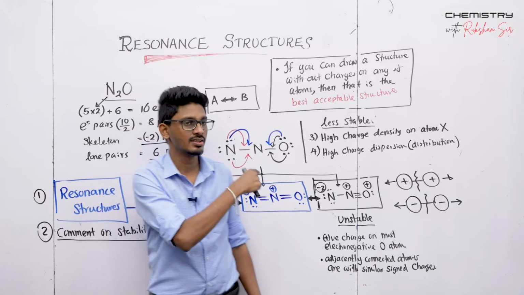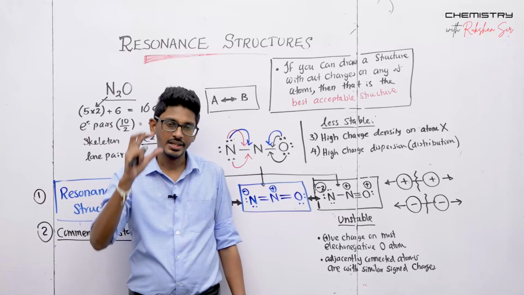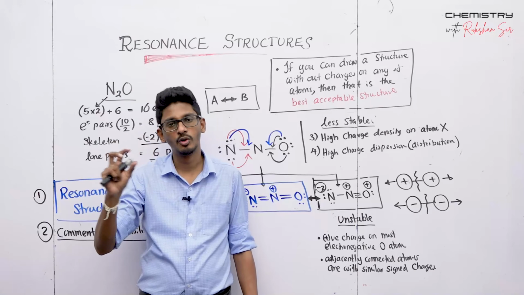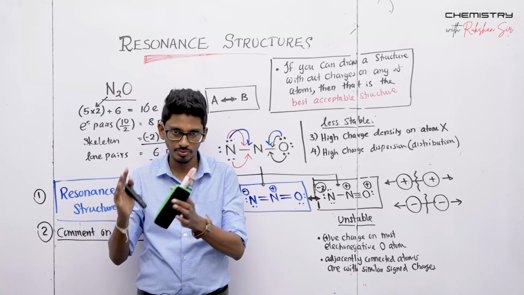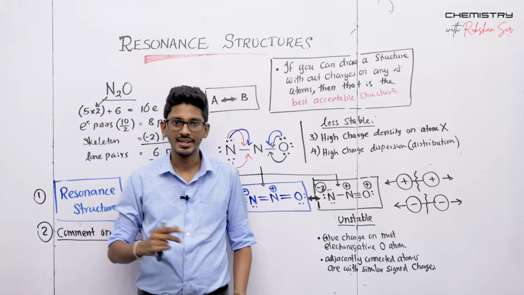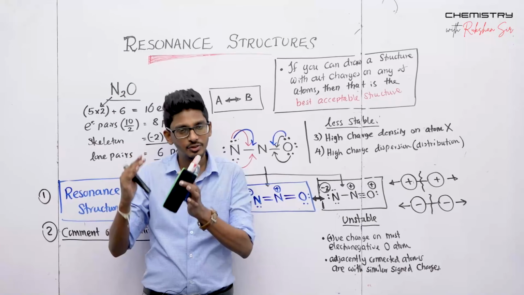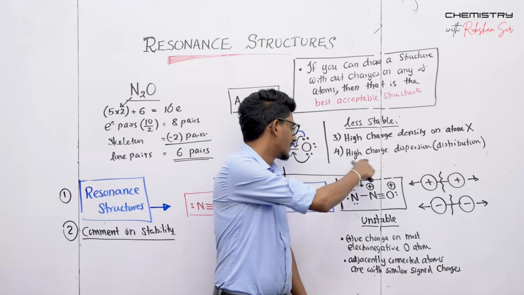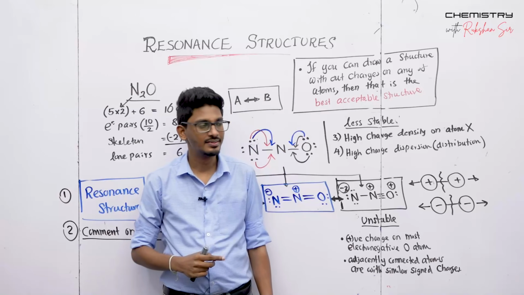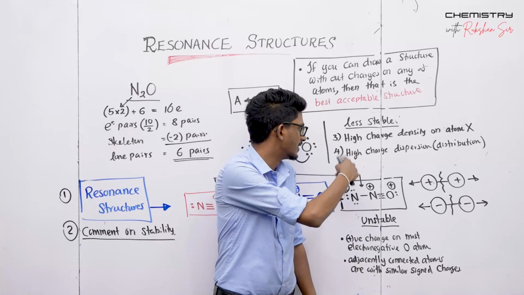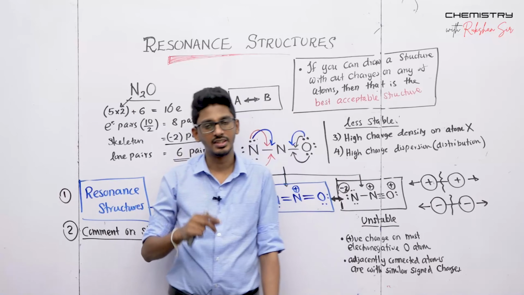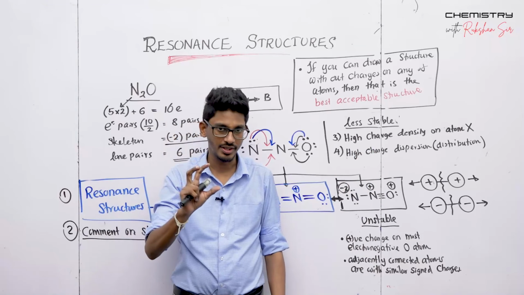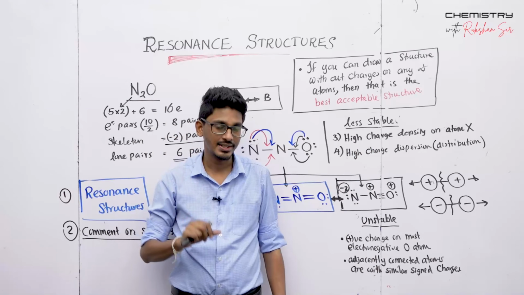This comment can be written only when you have more atoms with charges compared to the more stable structure. First of all, there should be a more stable structure, right? Compared to that, if you have more atoms with charges, then only you can write this comment. This is a comment to consider the structure as a less stable one. And keep it in mind, to comment on this, before that you should identify the most stable structure.